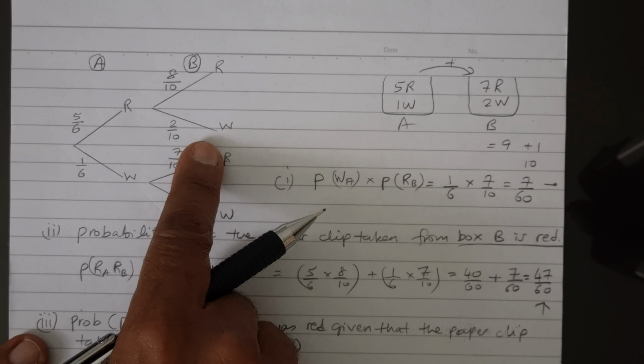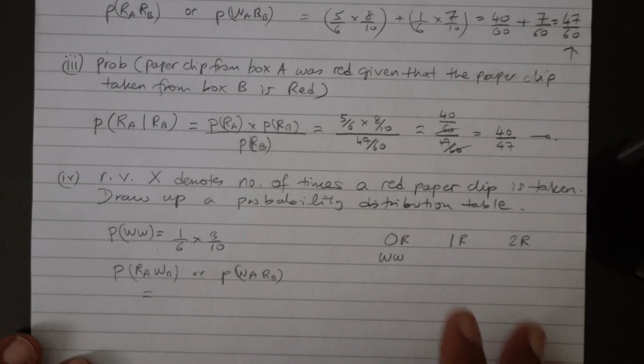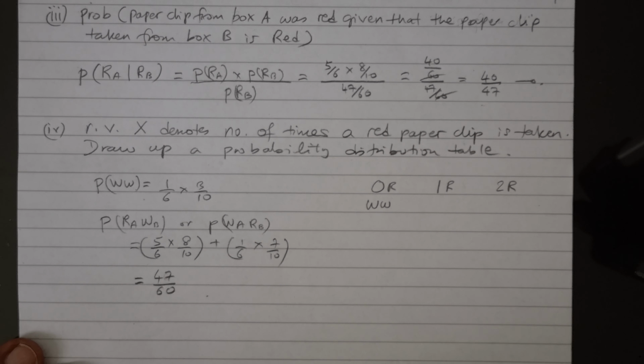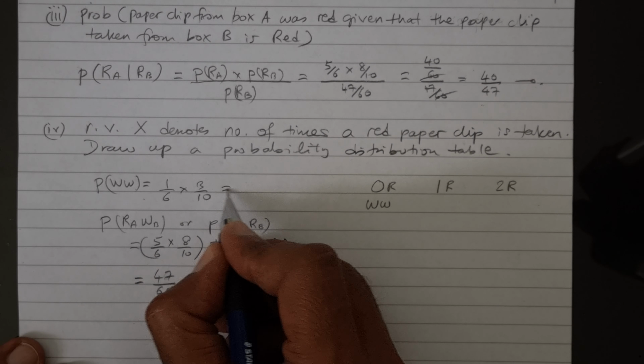So that's 5/6 times 2/10, and then 1/6 times 7/10. So let us see. And this is going to be 47/60 when we do this multiplication.